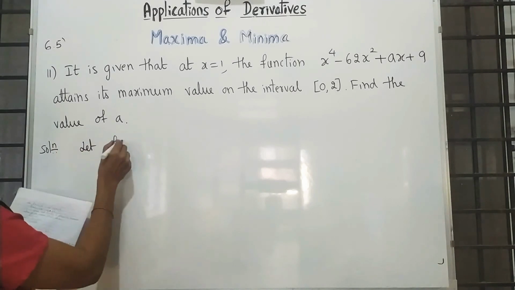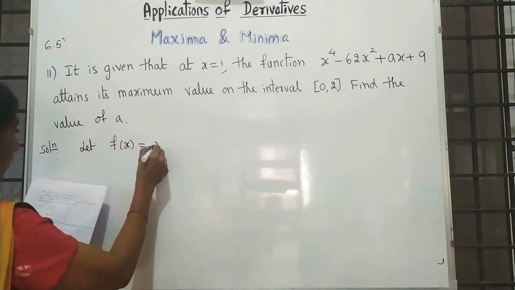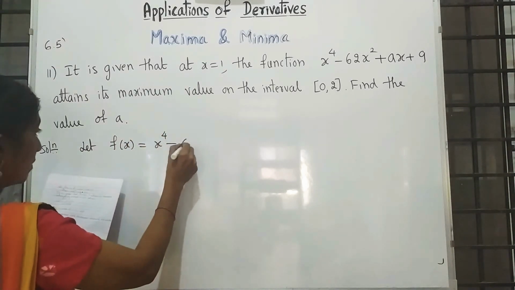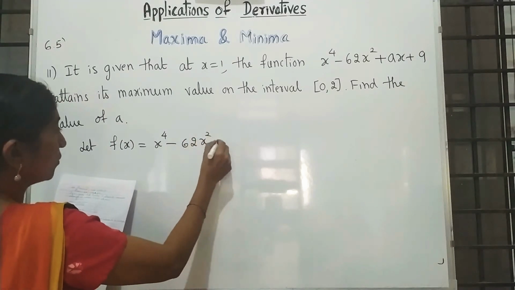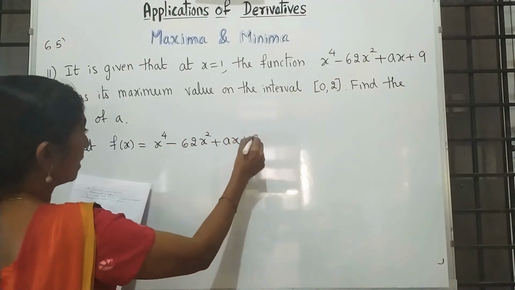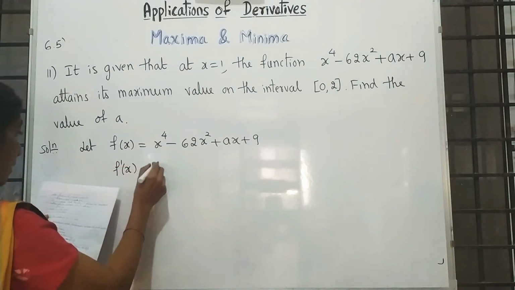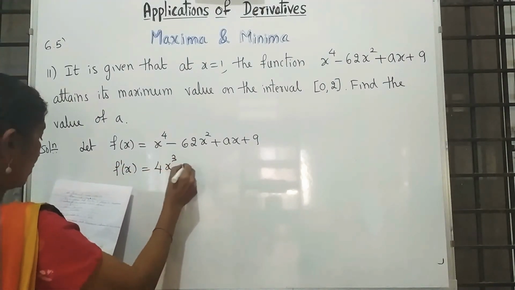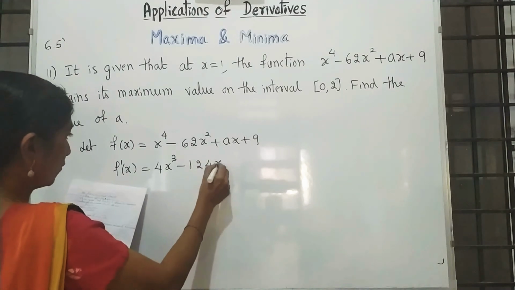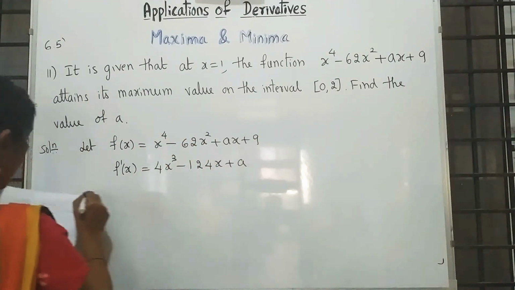Let us write down the function f of x as x raised to 4 minus 62x square plus ax plus 9. F dash of x is 4x cube minus 124x plus a.